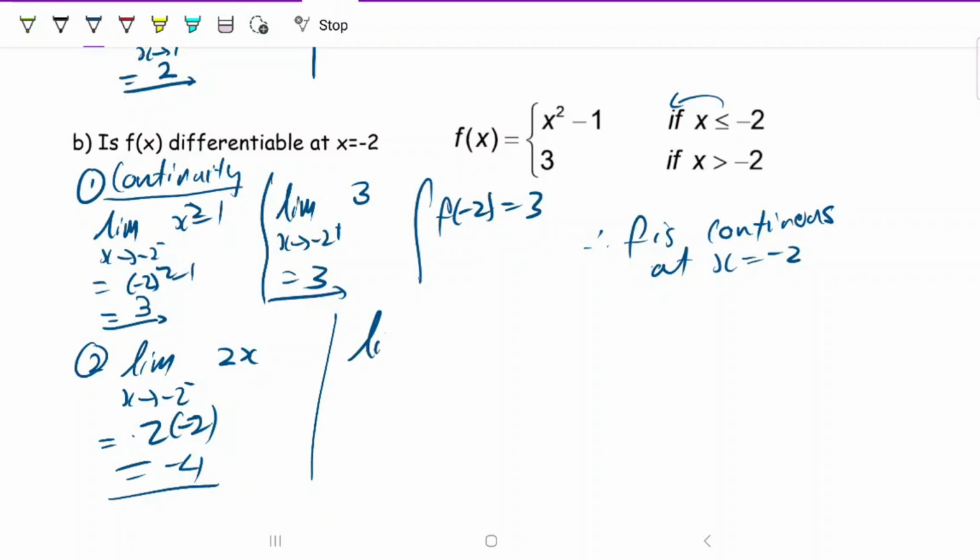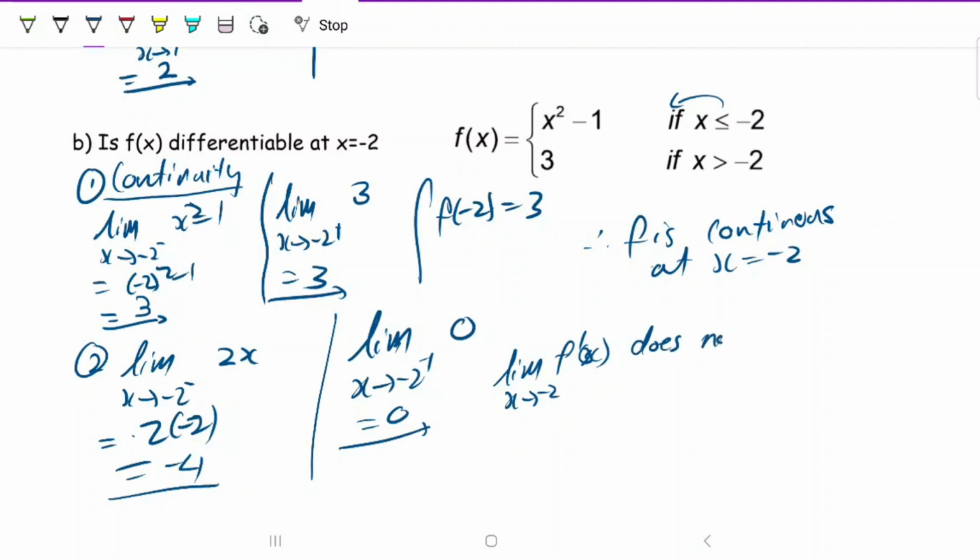Let's check the right-hand limit. The limit as x tends to negative 2 from the right of the derivative. The derivative of 3, however, is 0. So therefore that is 0. Clearly from here, we can see that the limit of the derivative does not exist. So the limit as x tends to negative 2 of the derivative of f of x does not exist.